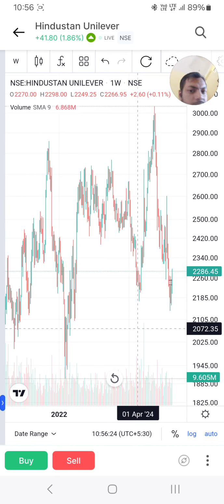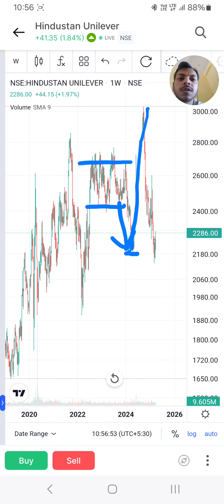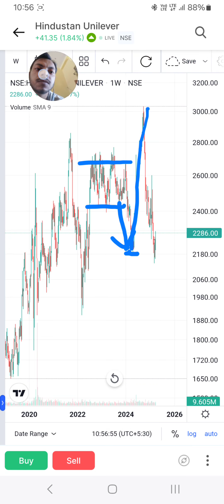Pardon my mistakes. Okay, so this fall from this rectangular range, it came down and touched the support of 2200, found support there, and this time the rally made an all-time high of around 3000.